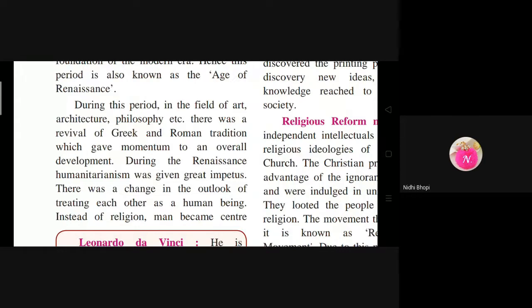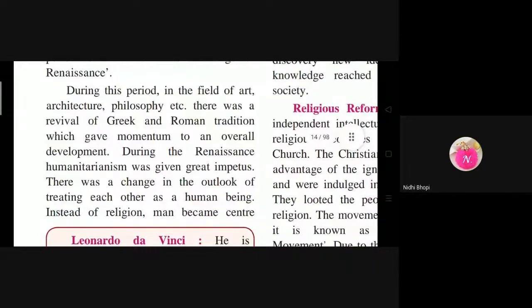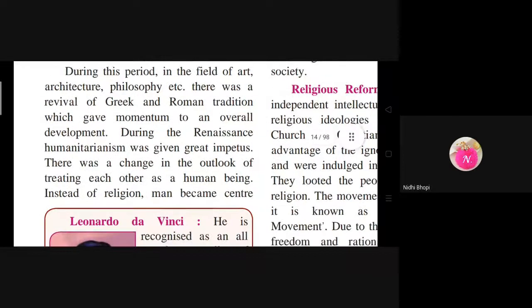During the Renaissance, humanitarianism received great impetus.